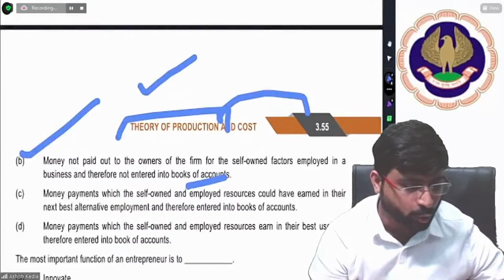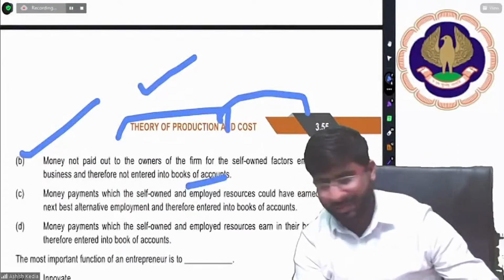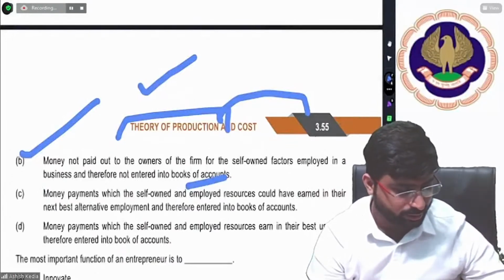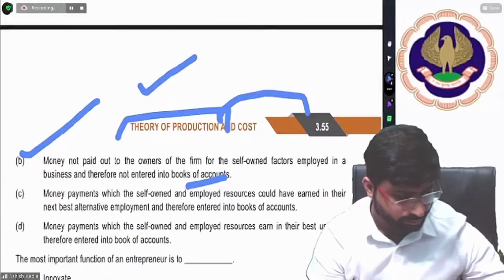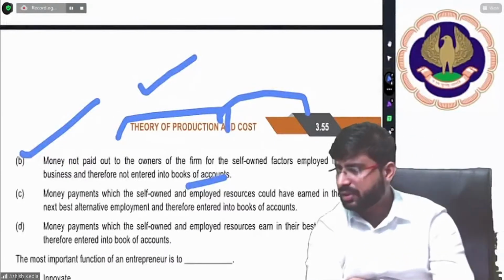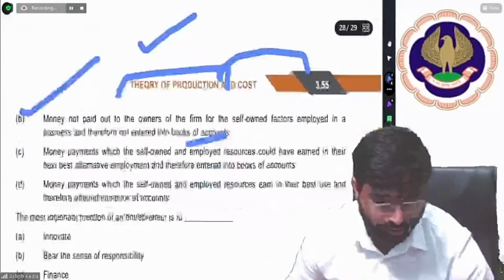For implicit cost to occur, there must be ownership of resources. Because if you're not the resource owner, remember this. So this one is an easy thing, right? We got it.